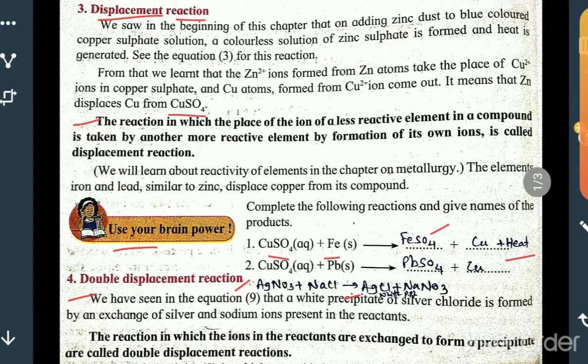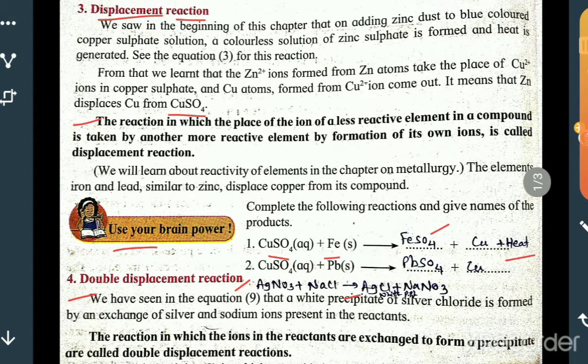AgCl, that is silver chloride, is a white precipitate, means it looks like a white precipitate. So this is the ninth equation.